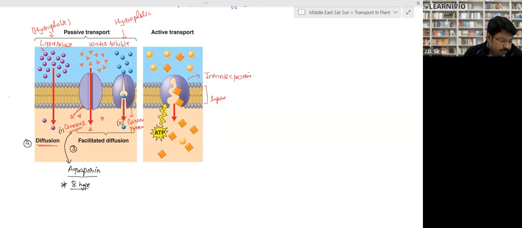Full stop. Channel protein allows diffusion of substances of appropriate size.